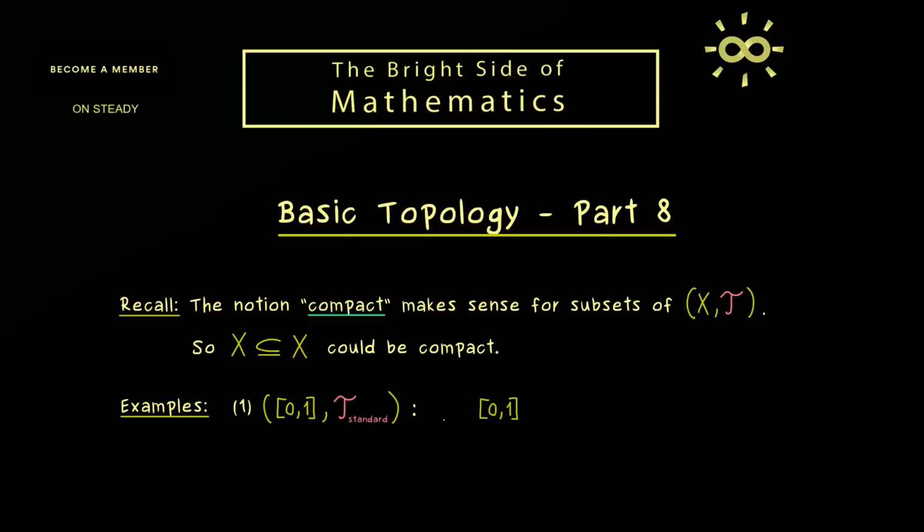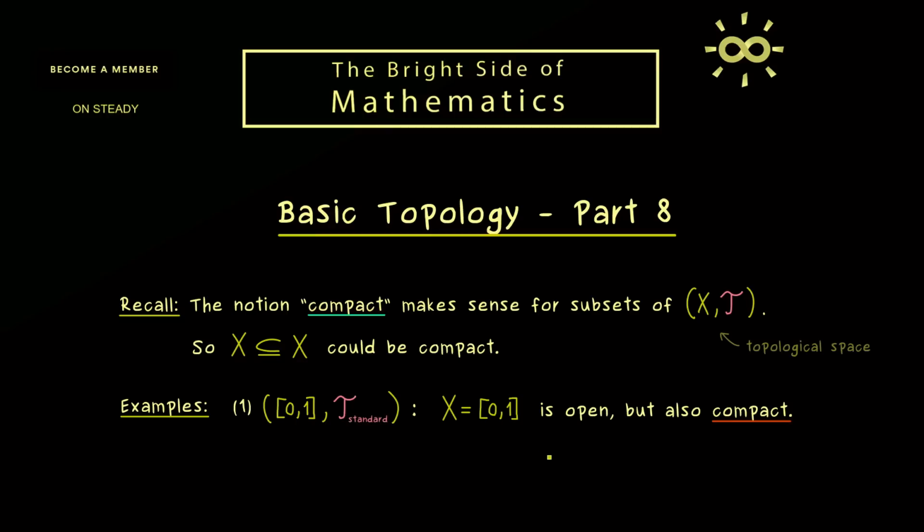However, in that case, X as the unit interval is an open set with respect to this topology. This is always important, the whole space is always an open set. But moreover, the whole space is also a compact set here. Hence, in that case, we actually have a compact topological space.